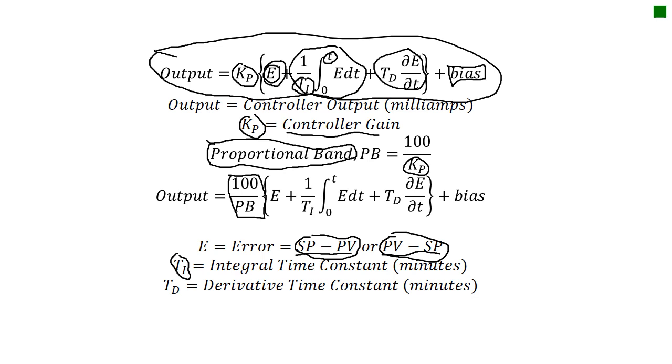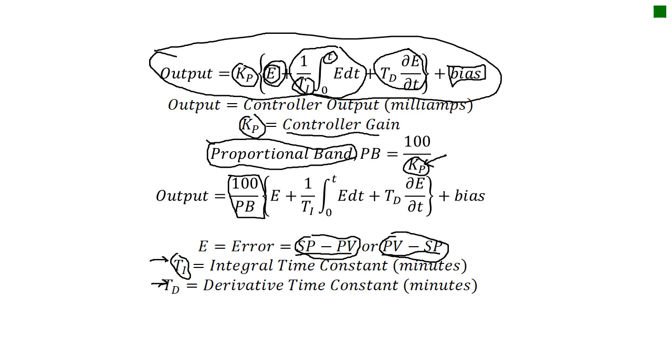Okay, but now we have to figure out what determines how large Kp should be, and what should be the values of the integral time constant and the derivative time constant. For instance, if our controller gain is too large, when you have even a small error, you're going to increase the output to that valve such that it will open up quite large, and then you may find that you do not achieve your desired set point but go above it.